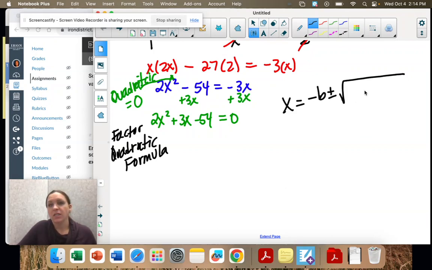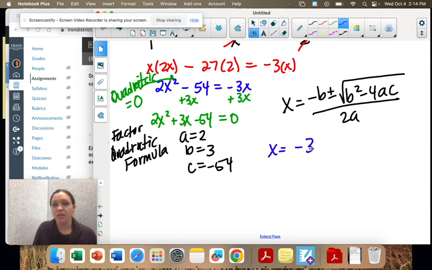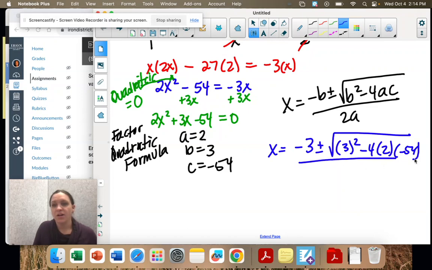b plus or minus the square root of b squared minus 4ac all over 2a. So a is the number by x squared, b is the number by x, and c is the constant. So you just plug everything in this formula. So x equals negative b plus or minus b squared minus 4ac all over 2a.